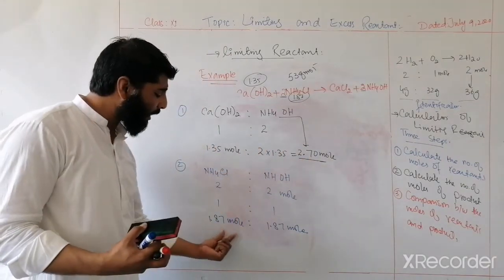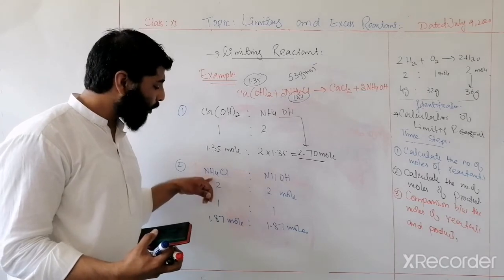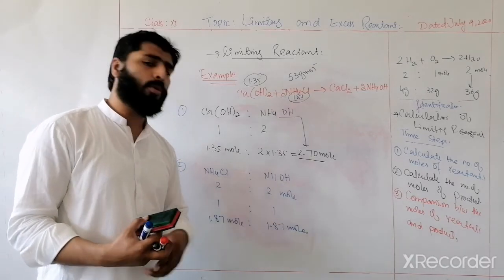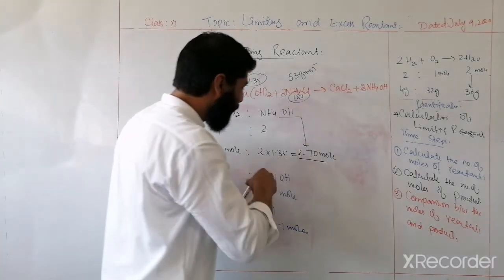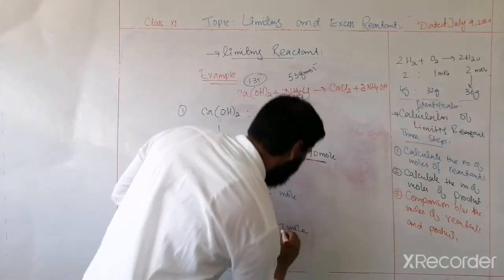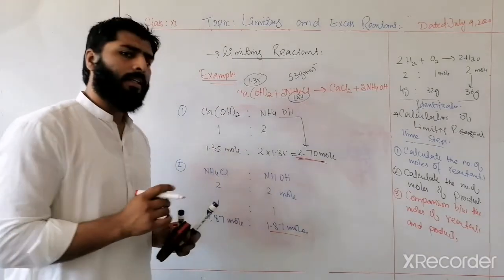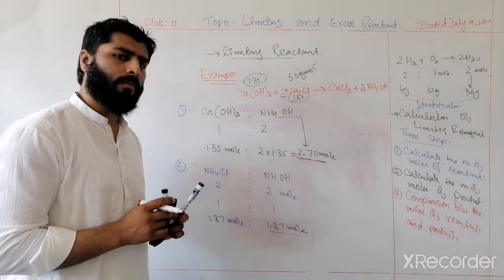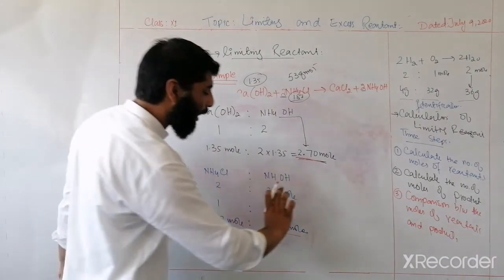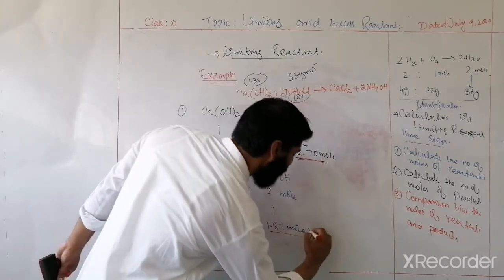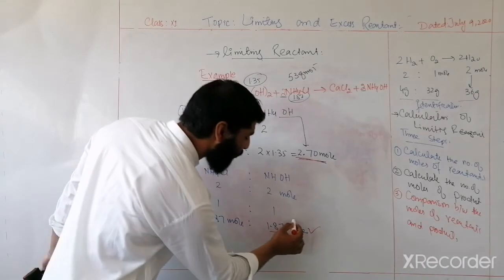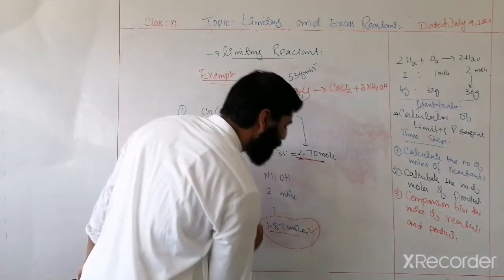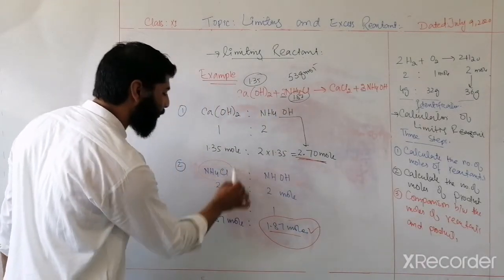And from 1.87 moles of ammonium chloride, 1.87 moles of ammonium hydroxide are produced. Look at here, this one and this one. Which one is lesser? These are actually the lesser number of moles. So the lesser number of moles are produced from this reagent.